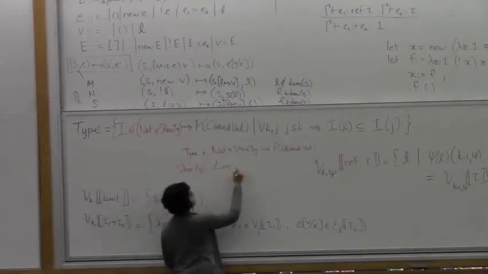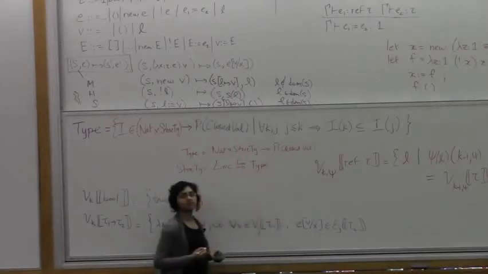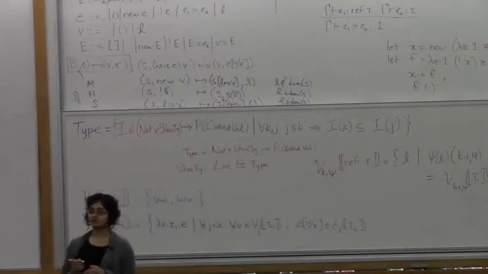And semantic types are these things. So this is just a finite map from loc to type.